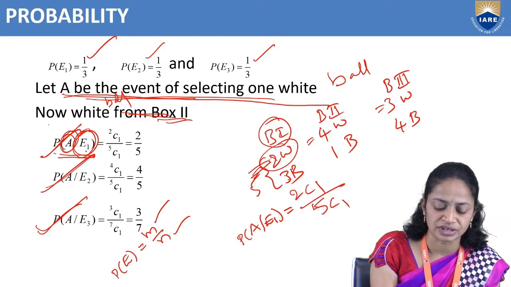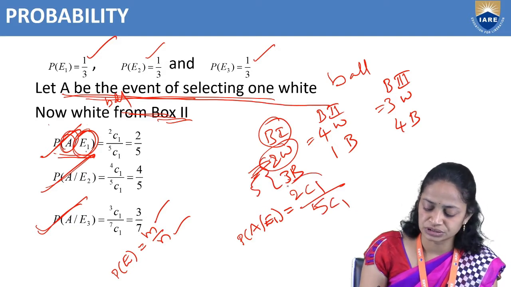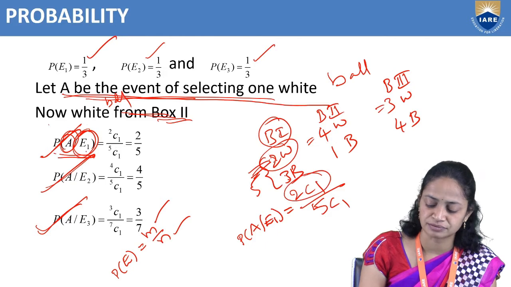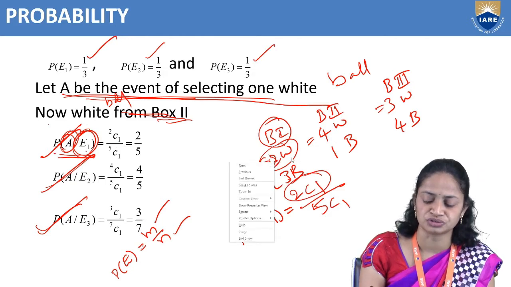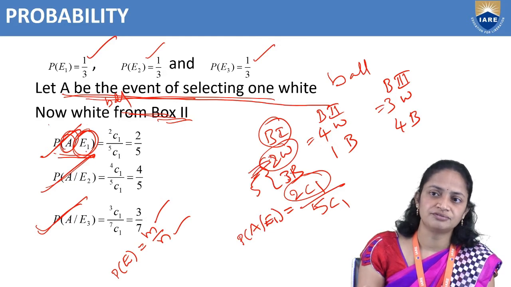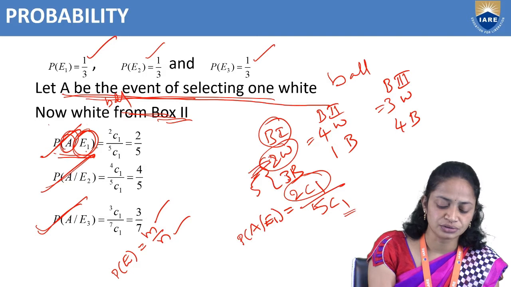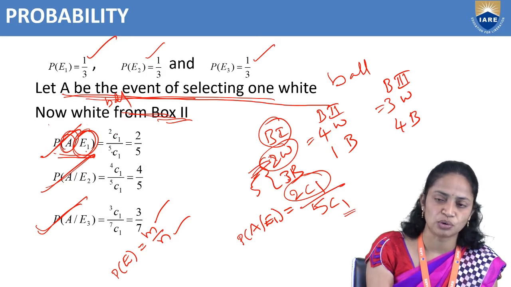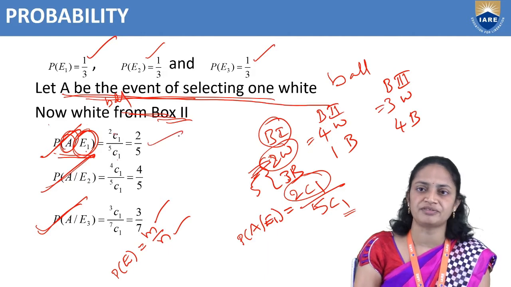So probability of A given E1 equals 2C1 divided by 5C1, that is 2 by 5.